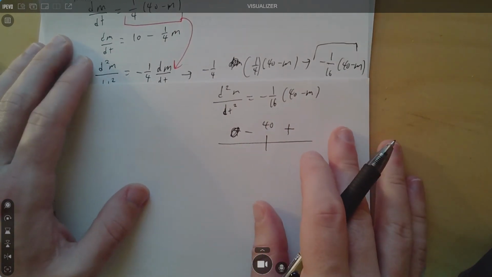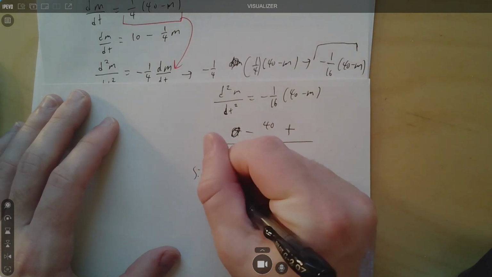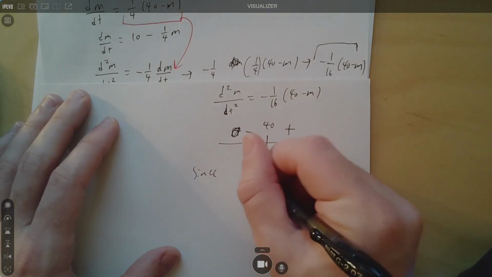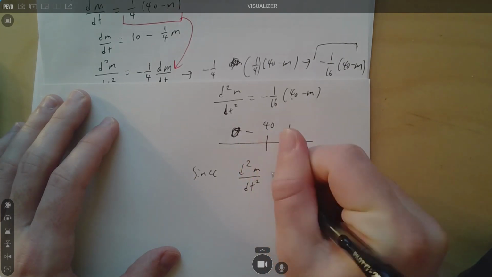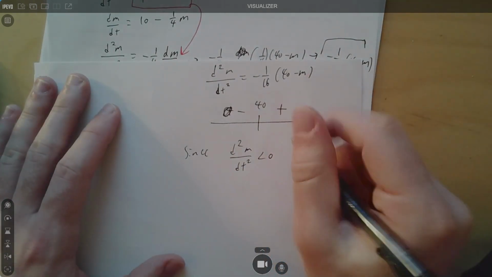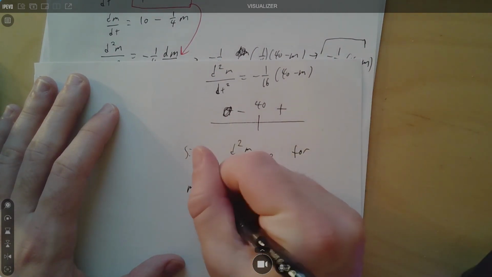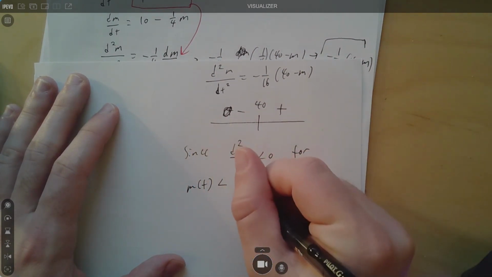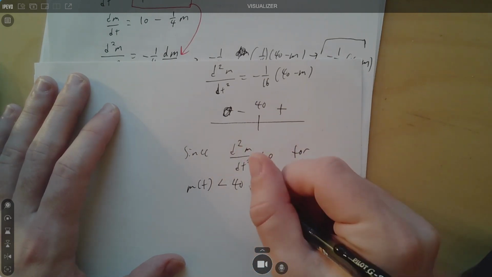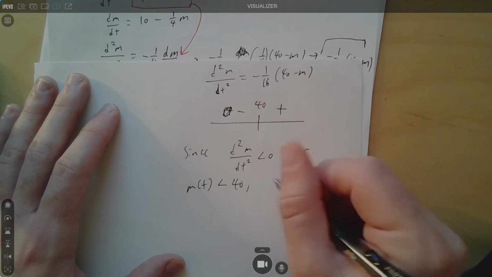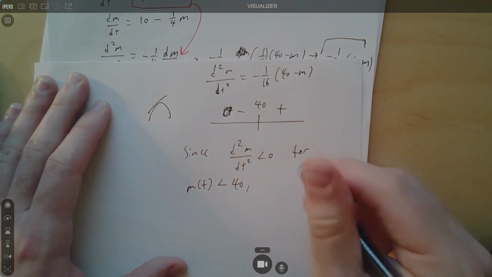So we could say, since the second derivative is less than 0 for m of t less than 40, and so if you think about concave down, it'll be an over-approximation.